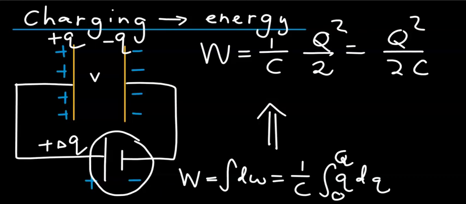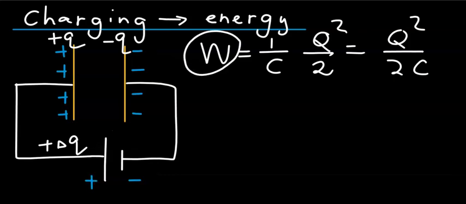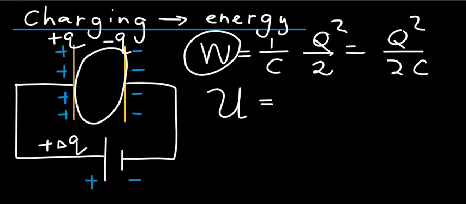When the charging process is complete, you cannot put any more charges on the plates of the capacitor, so the charging will simply stop. So by that time, all this work will be converted into potential energy within the plates of the capacitor. And this potential energy is stored in an electric field in the region between the plates.